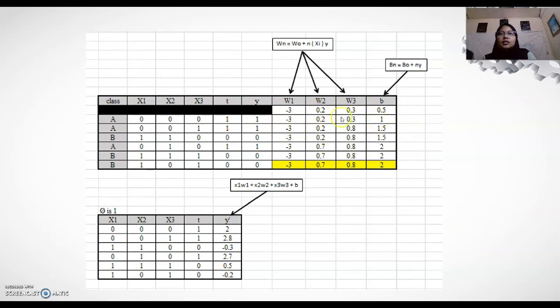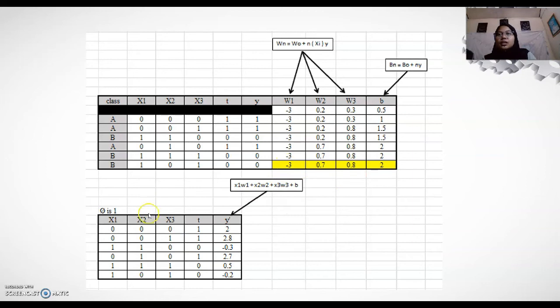The calculation has to be done by row, not by column, until the last row, which is this column. So this is the last value for W and B.